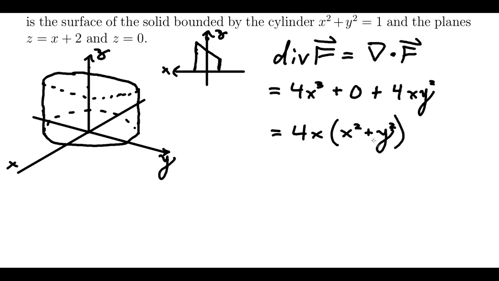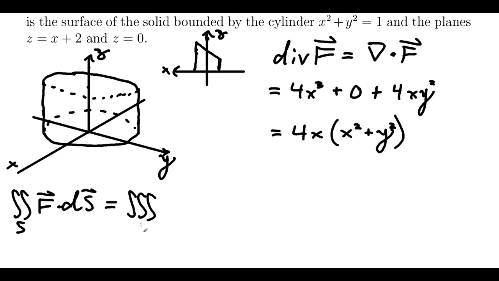Because now we see that we can just set this thing up in cylindrical coordinates. We wanted the flux of F across S. The divergence theorem tells us that that is the triple integral over the region we often call E, which is just the interior of S, of the divergence of F throughout that volume, dV.